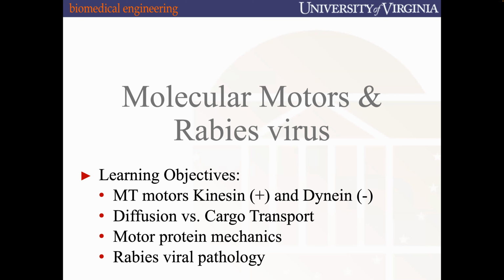These are the microtubule-specific molecular motors, and we'll talk about the actin-associated molecular motor, myosin, next lecture. We'll talk a little bit about why cargo transport is important compared to general diffusion in the cell, a little bit about the mechanics of these, and our disease application today is rabies viral pathology.